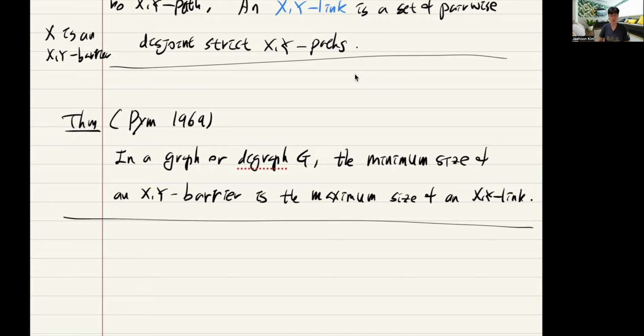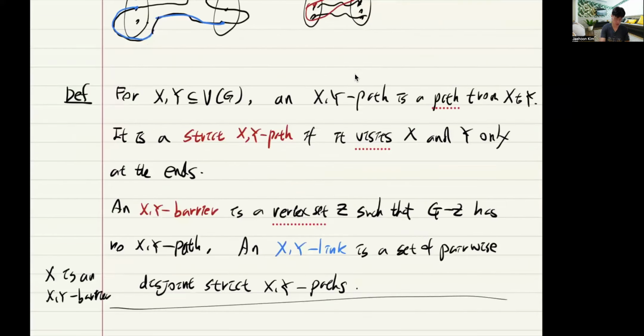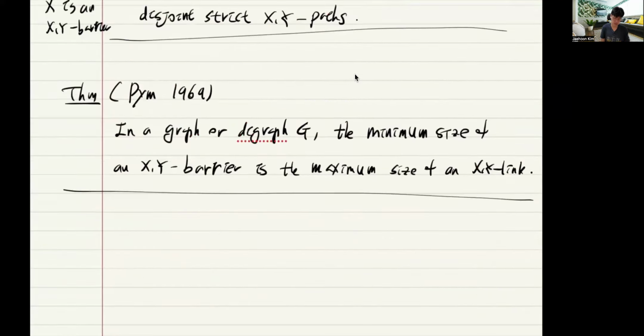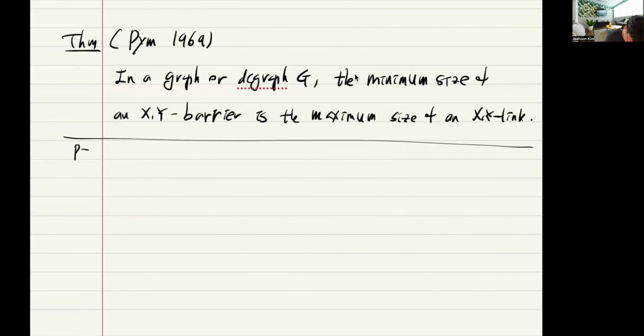So this is similar to what we want to prove, but has a slightly different form, as instead of considering the independent paths and the separating set, we are considering barrier and link. So in this variation, we have the equality. Then after proving this, we will use this to prove what we want.